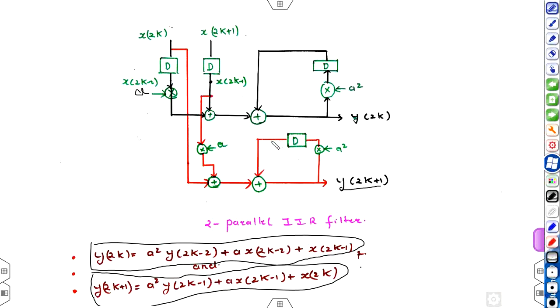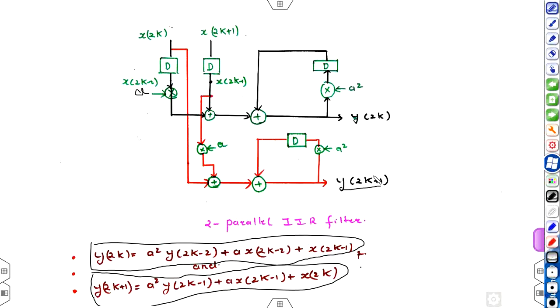So the output will be y of 2k minus 1, difference will be 2, plus a into x of 2k minus 1. So this is x of 2k minus 1, that is multiplied by a, and this will be added to x of 2k. So this is the two parallel IIR filter architecture of the considered filter.